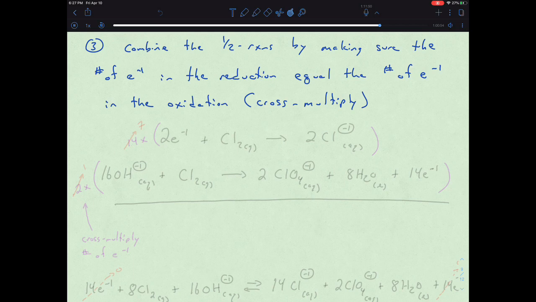So we look at where we've left off for each reaction.